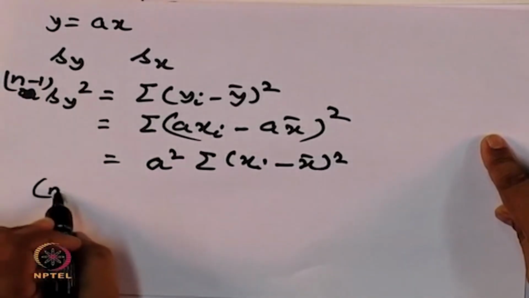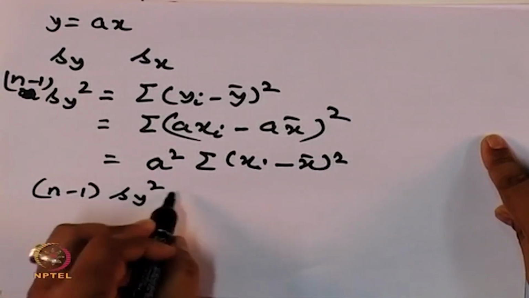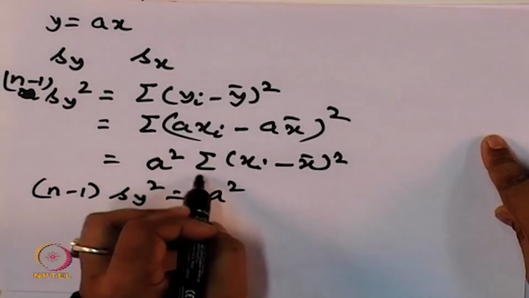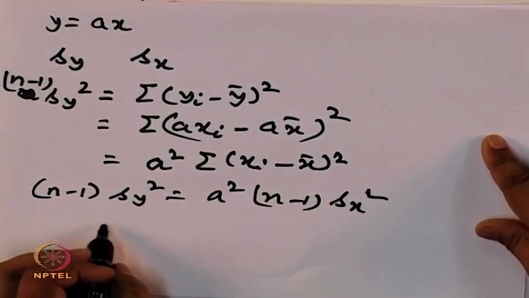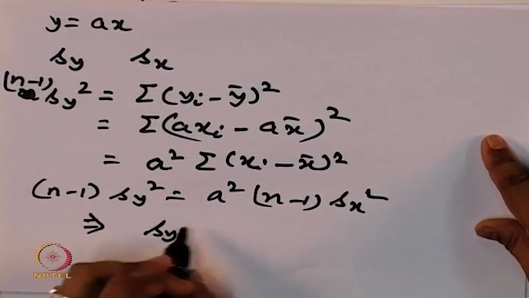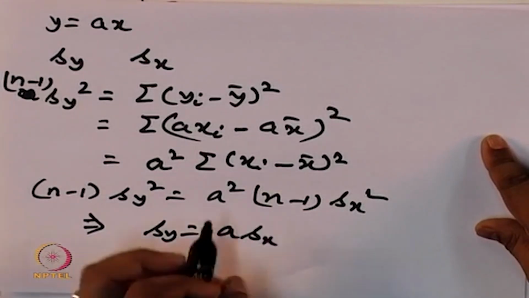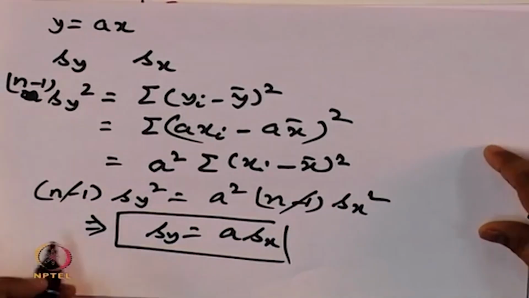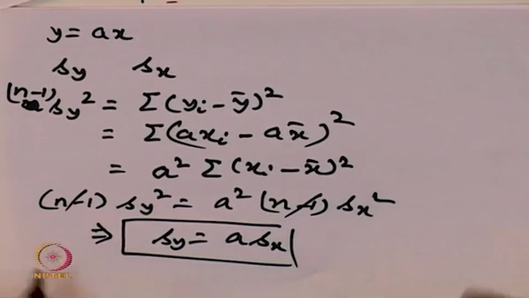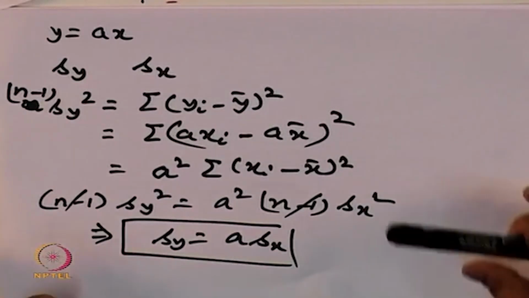So, I can write n minus 1 into sy square is equal to a square into n minus 1 into sx square. So, this would give me that sy is equal to a into sx. I can cancel these terms out and this is the final formula which remains. Okay. So, sy is nothing but a into sx.